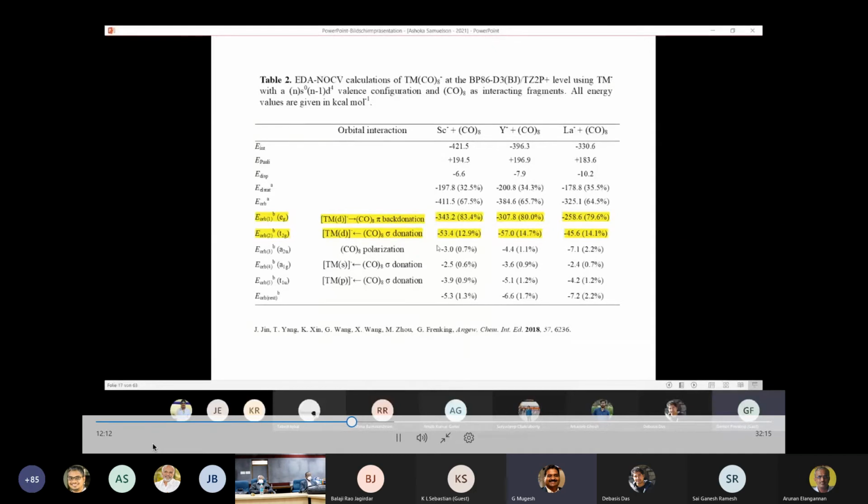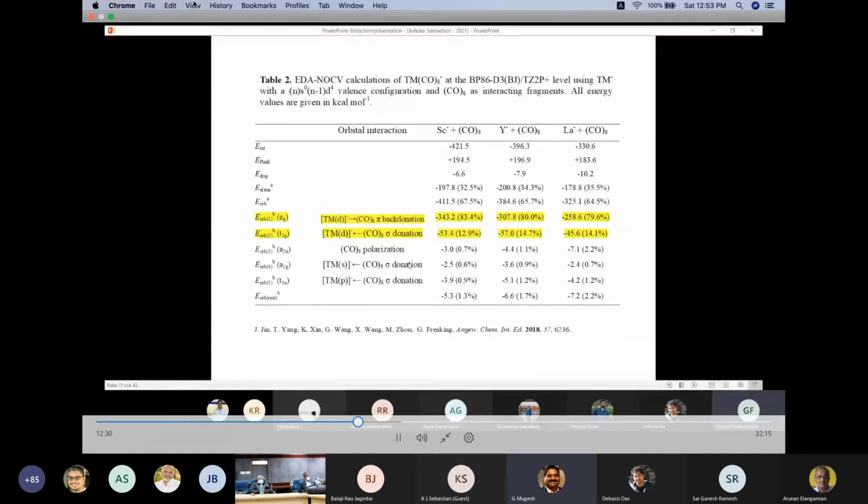The donation into the vacant d is significantly smaller, but still important. Makes sense that it's less important because the metal is an anion. It's a weak acceptor. Then we have a small contribution from the polarization of the CO, and you can see that the donation into the S and the P is really negligible.